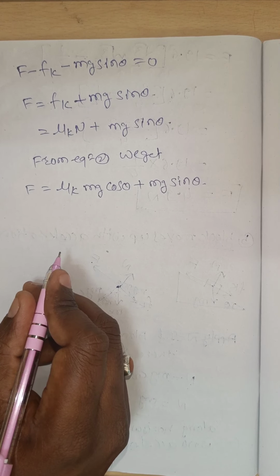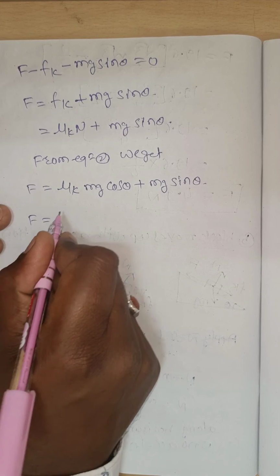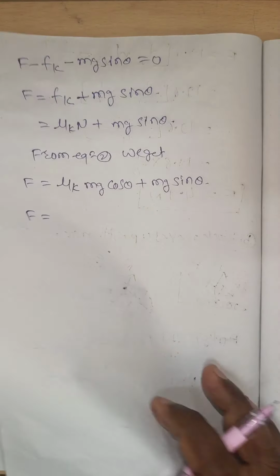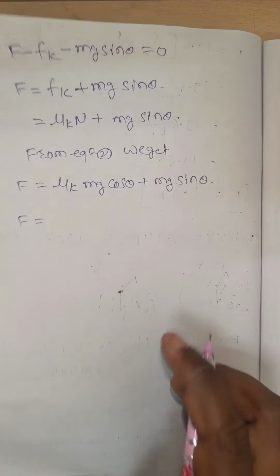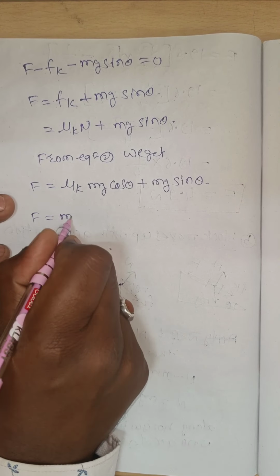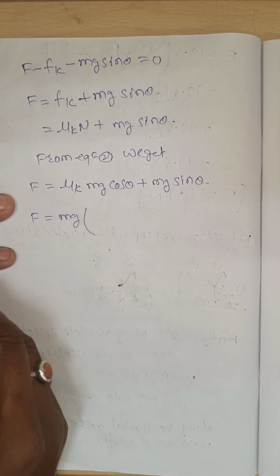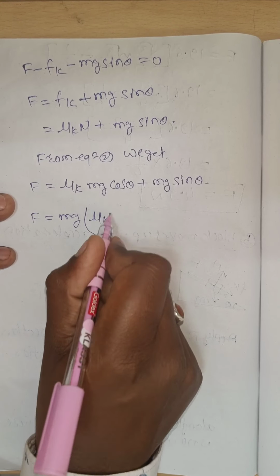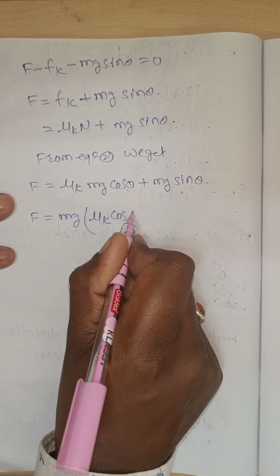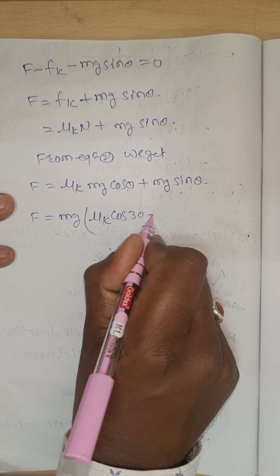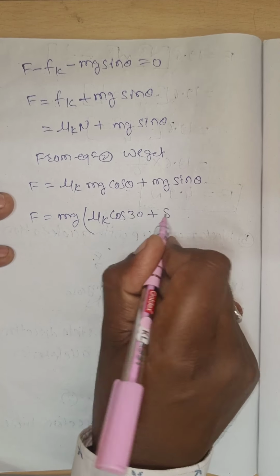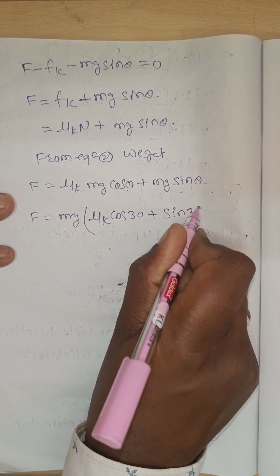Now put in all the values. What is the mu k value? Mu k is root 3 by 2. Taking mg as common, what remains is mu k into cos theta, that is cos 30, plus sin 30.